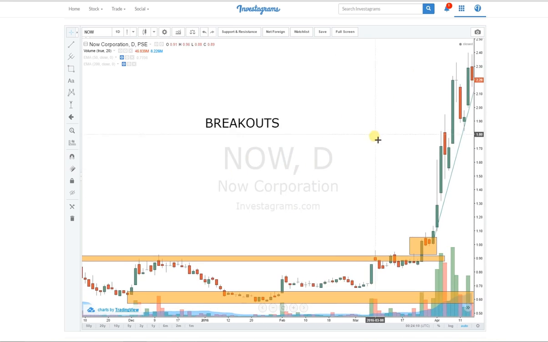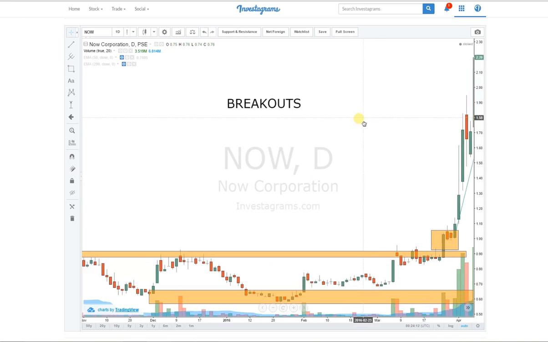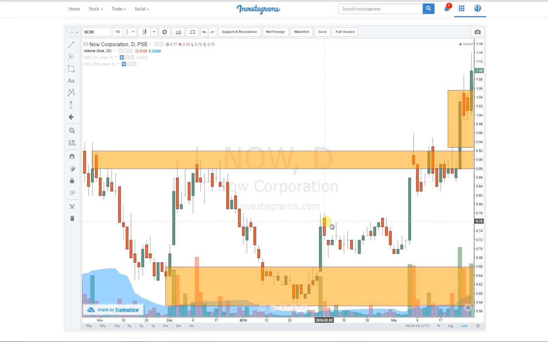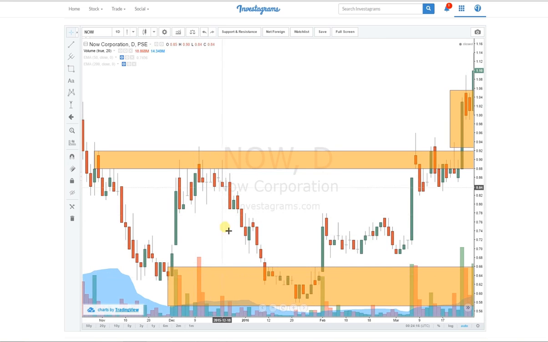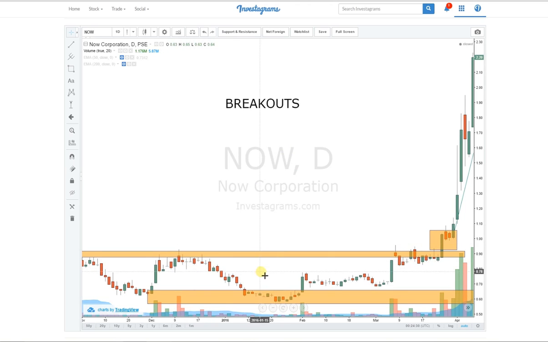So basically in the previous scenario, price is just bouncing off between the support and resistance, right? So there's like a balance. The stock is still finding the winner, so the stronger side. So it's just dancing around. It bounces up every time it hits the support, and then it bounces down every time it hits the resistance.